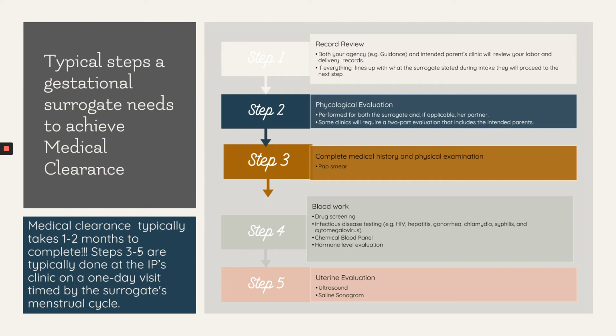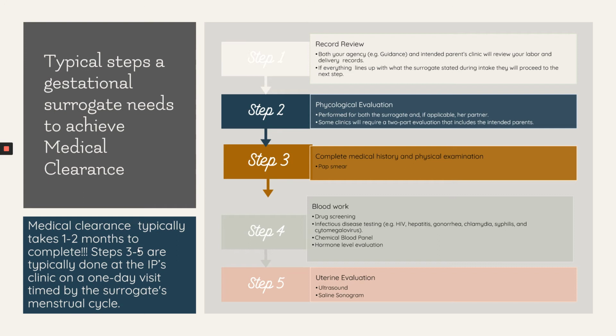After psychological evaluation, you'll have your actual physical medical evaluation at the IVF clinic of the intended parents. Again, the Pap smear is normally completed beforehand. The fertility clinic does not typically do these, so that's something we have on file ready to go.